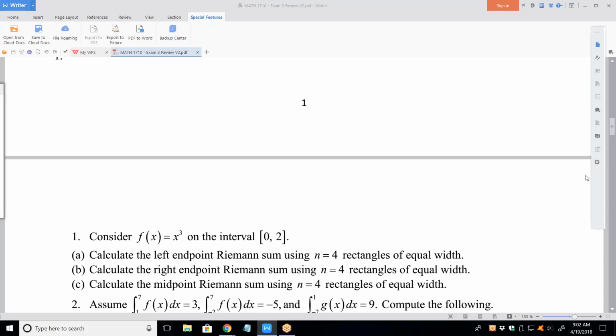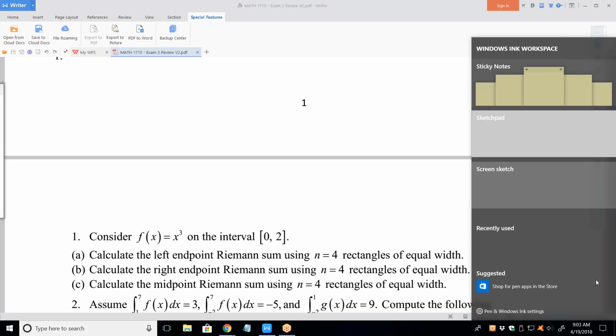Okay, consider that function. Calculate the left endpoint Riemann sum using n equals 4 rectangles, calculate the right, calculate the midpoint. Let me draw an approximation of this function.